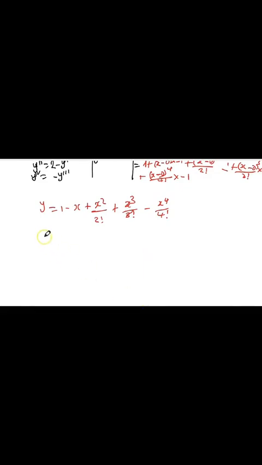So at 0.1, I will simply have y equal to 1 minus 0.1 plus 0.1 squared divided by 2 factorial plus 0.1 cubed divided by 3 factorial plus 0.1 power 4 divided by 4 factorial.